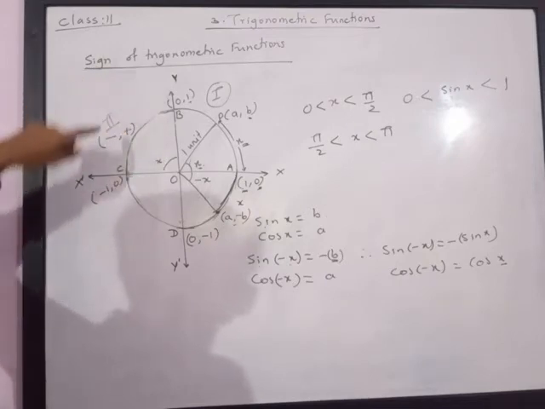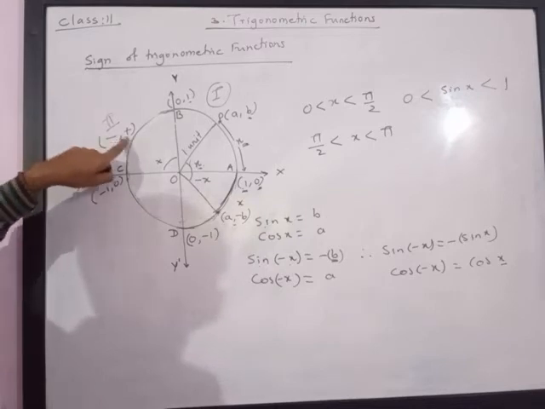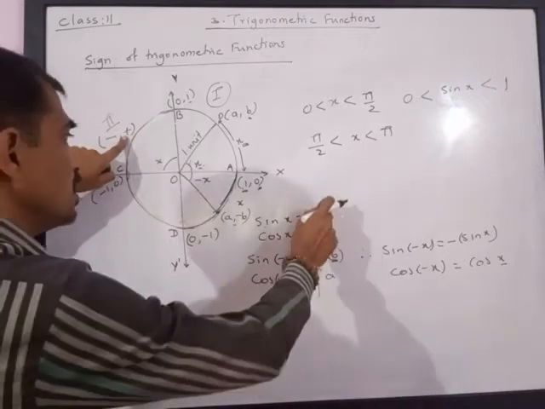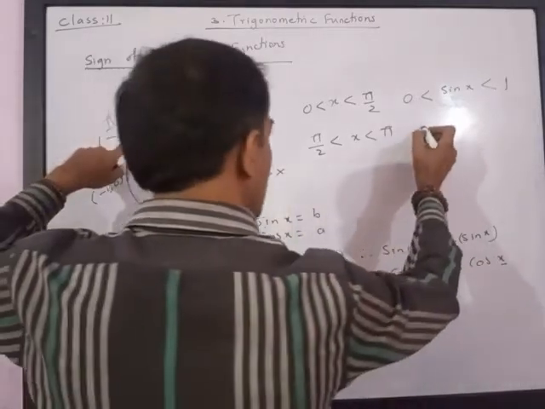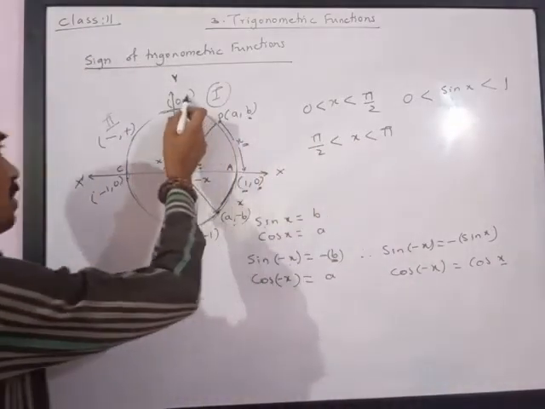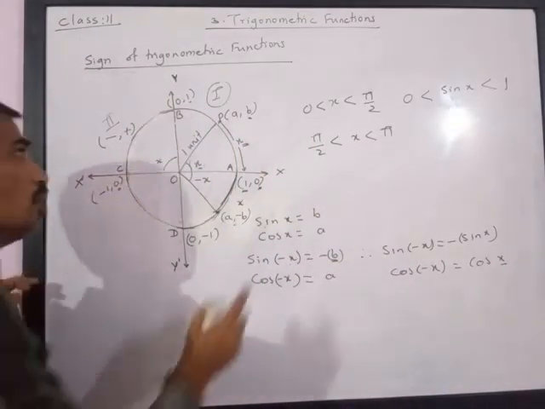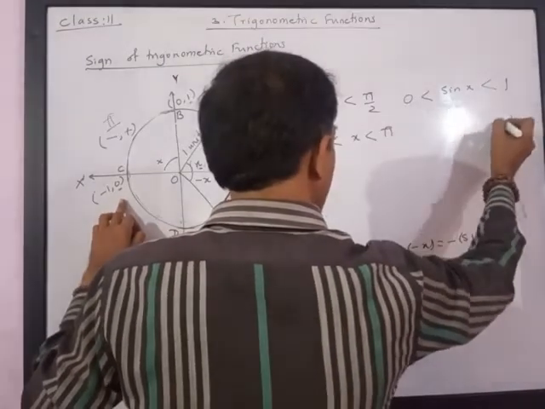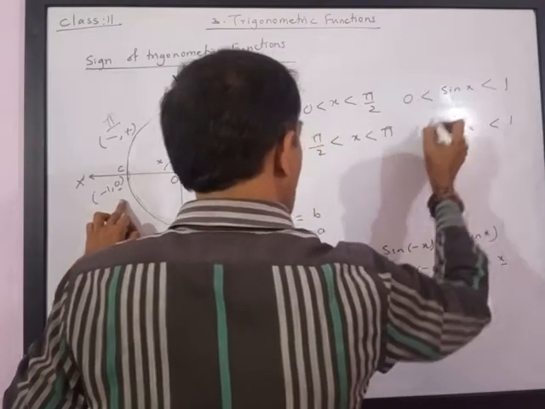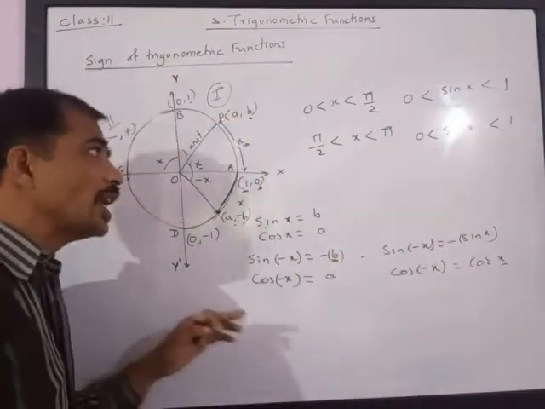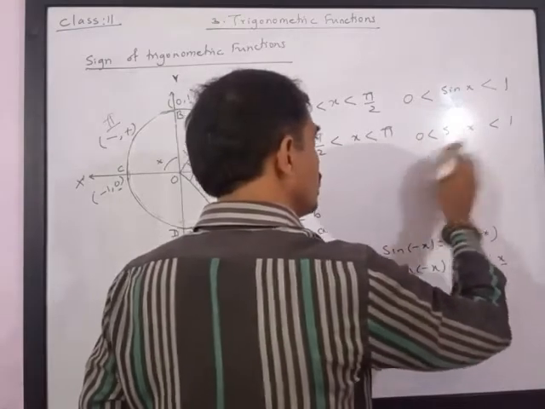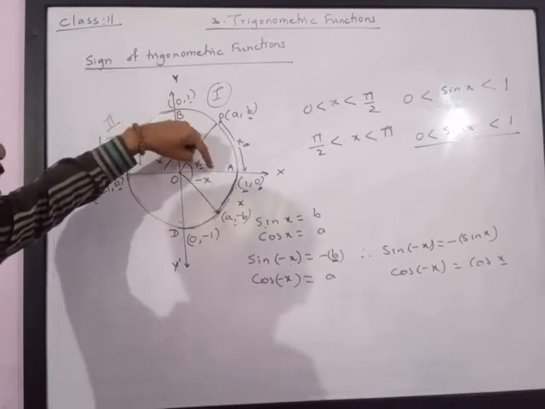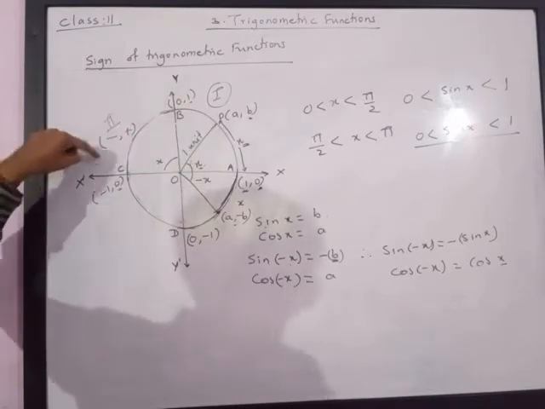In the second quadrant we get a negative x coordinate and a positive y coordinate. So a positive y coordinate means sin is positive, that is, it will be maximum 1 and minimum 0. So sin x will be less than 1 and greater than 0, or you can say it lies between 1 and 0. So sin x is positive. Please understand, when you consider from here to here, we get sin x positive.